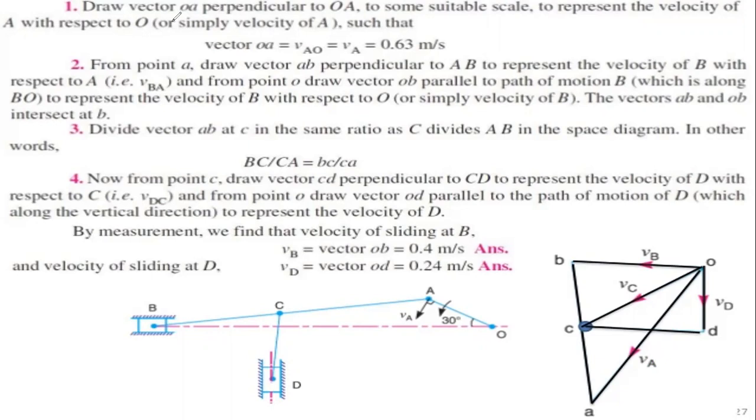That is what the first point says: draw the vector OA perpendicular to OA, to some scale, to represent the velocity of A with respect to O. Therefore, the velocity of OA, that is the velocity of A, is taken as 0.63 meters per second.